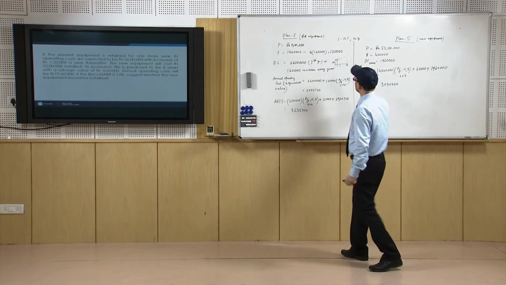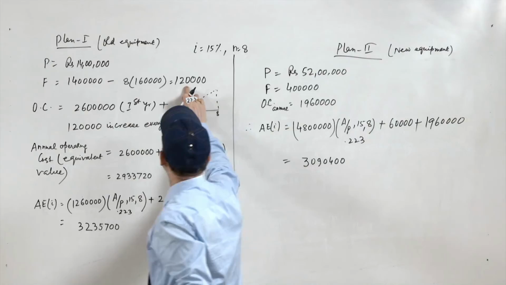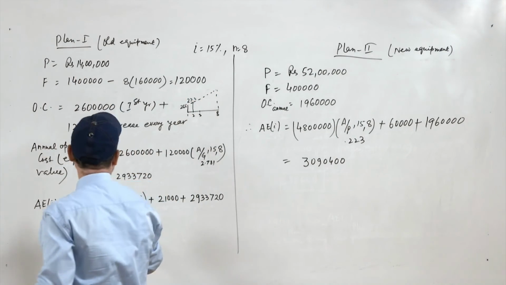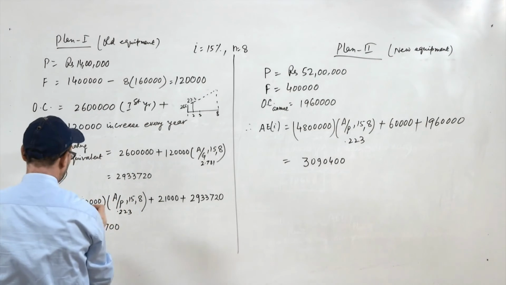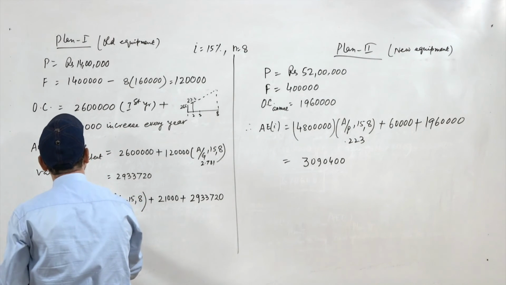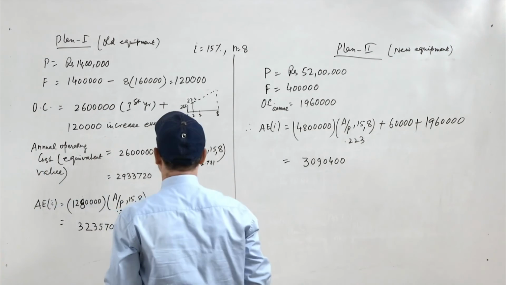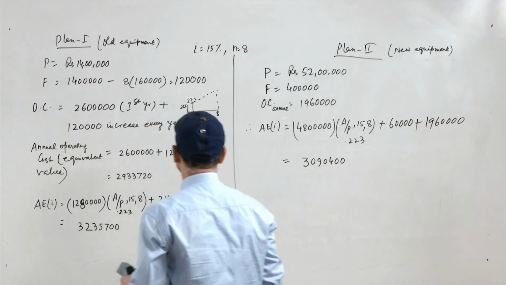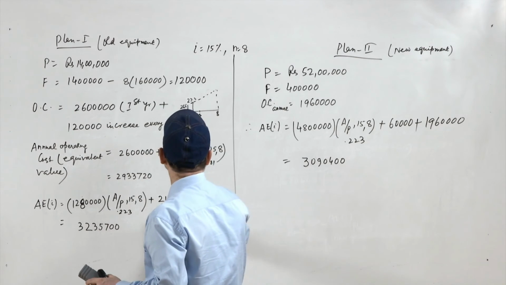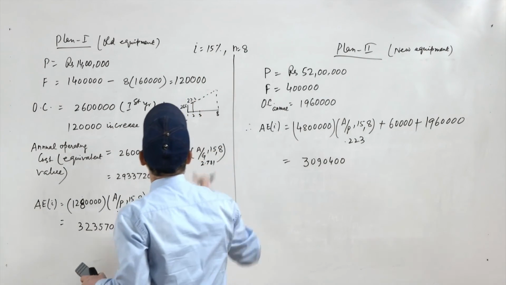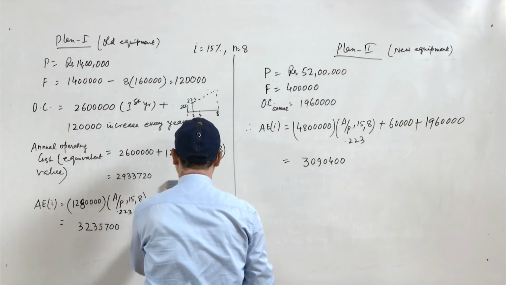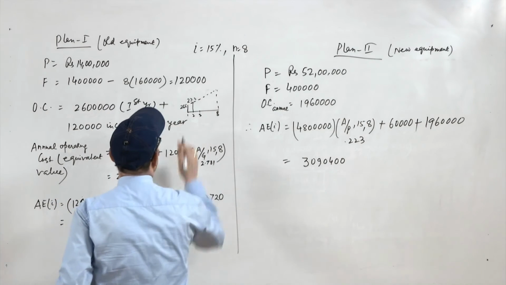In fact, there has been a mistake in plan 1. This 1,20,000 is the F. So, P minus F will be 12 lakh 80,000 instead of 12 lakh 60,000, and this will also be 1,20,000 multiplied by 0.15, which is 18,000.